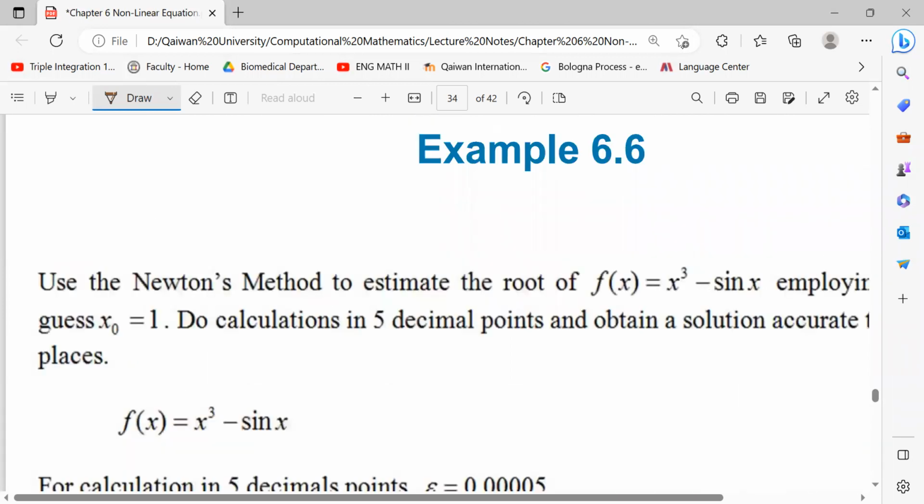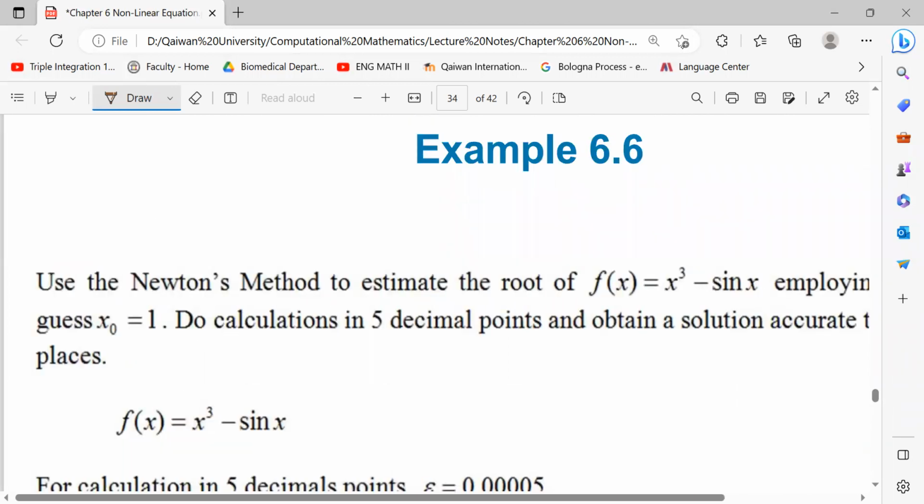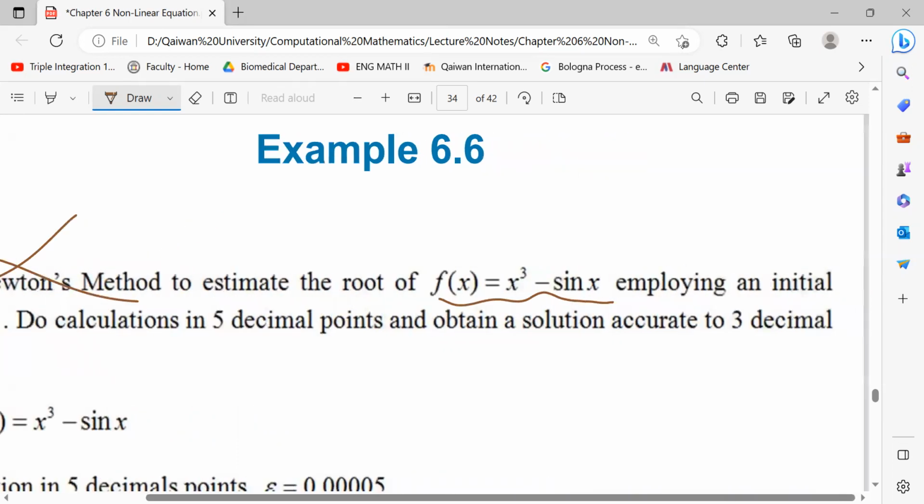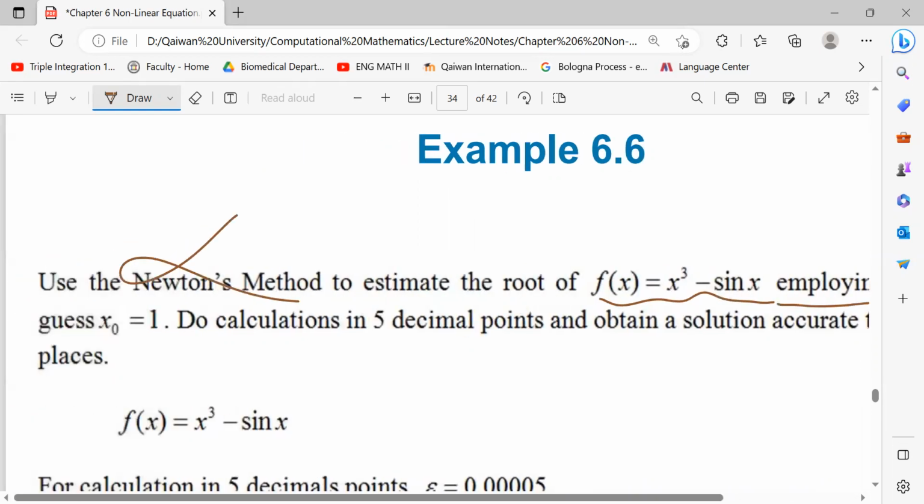Look at this example. It says use Newton's method to estimate the root of this function, employing an initial guess x naught to be 1. Look, we have only 1 point.